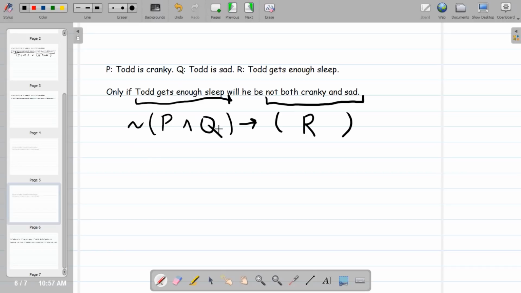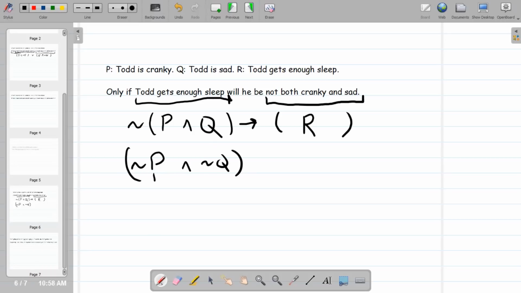Yeah? Okay. So the question is, is this the same as not P and not Q? And that actually has a different truth value. Because this whole sentence is true just in case P is false and Q is false. So you need both P to be false and Q to be false.